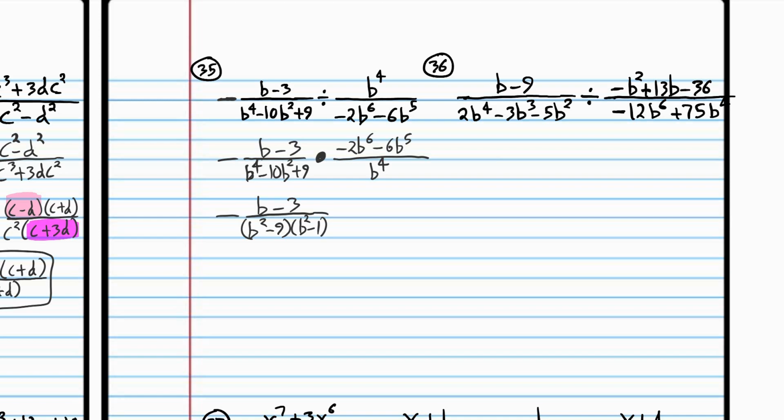So it's not just b minus 9 times b minus 1, it's b squared minus 9 and b squared minus 1. Because it's b to the fourth and b to the second. Factor out a negative 2b to the fifth.